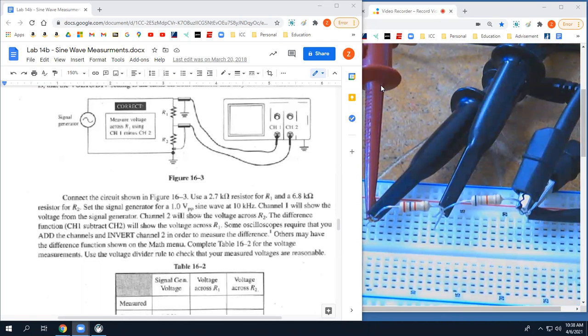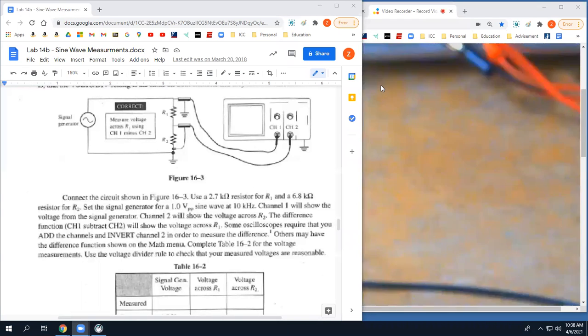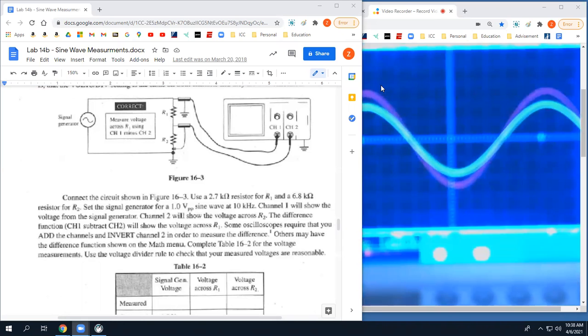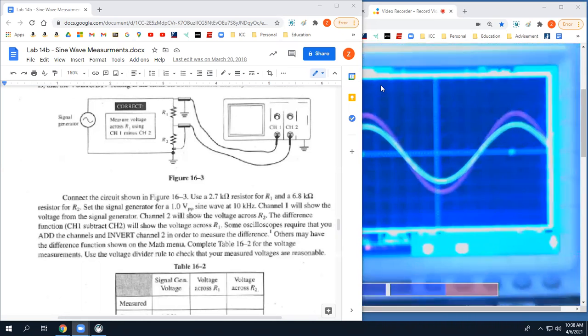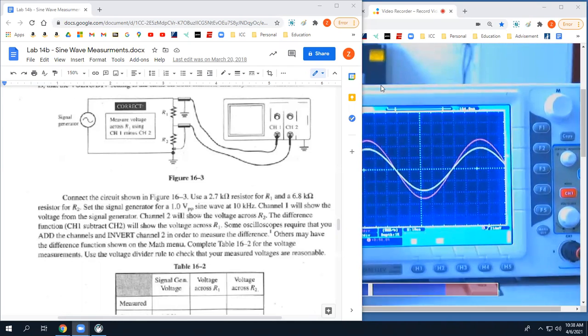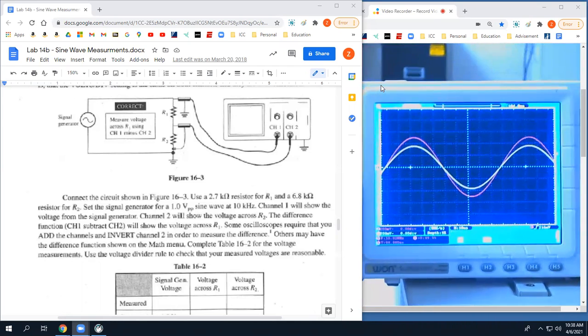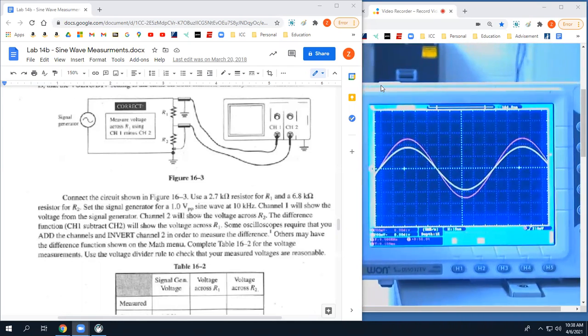Ooh. That's cool. Why do you think the yellow sine wave is smaller than the red one?